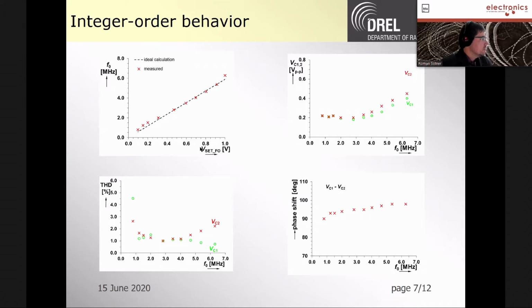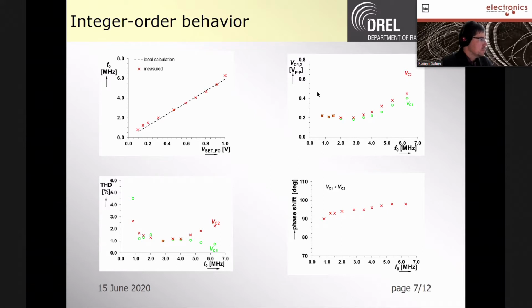We are changing the driving voltage from 0.1 to 1, and the frequency is changing between 0.8 megahertz up to, I think, 6.3 megahertz. The variation of output levels is between 0.2 and 0.4. We can see that in the part of the bandwidth where the parasitic influences are not so effective, the output levels are really identical.